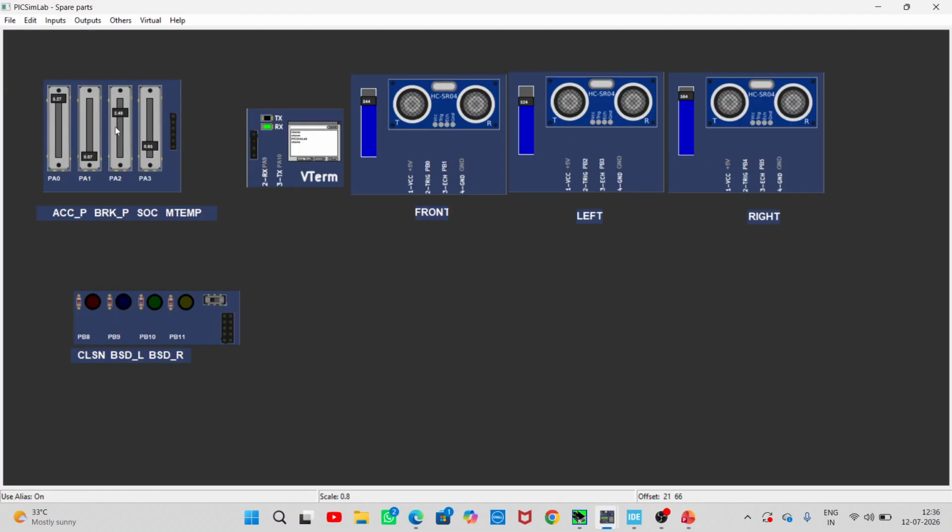As I said, I use four potentiometers here, one for the acceleration pedal, brake pedal, SOC, and motor temperature.